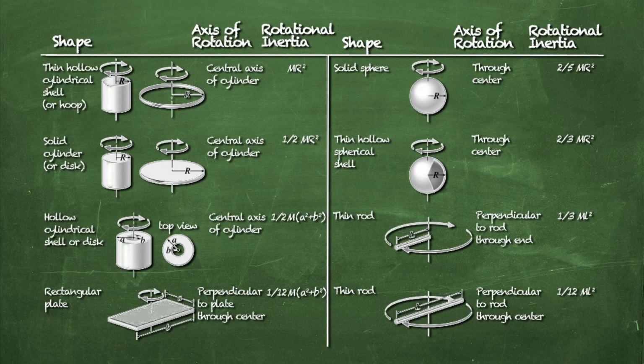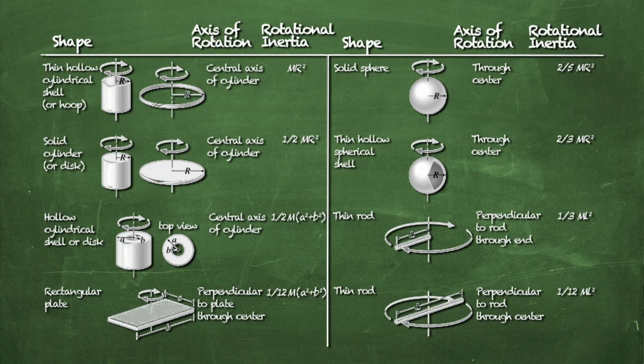There's the rotational inertia of a rectangular plate being rotated about an axis through its center. We're not going to use that in here that I can imagine, but if you had to, you could come back and find the equation for the rotational inertia of that plate. You'll notice that in all of these cases, the rotational inertia is equal to the mass of the object times some length squared.